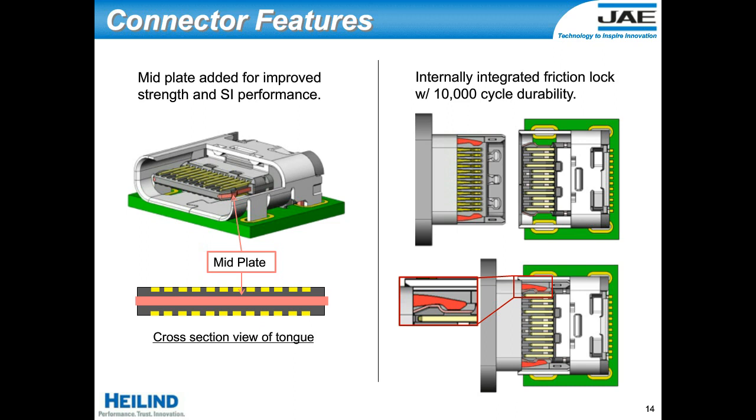Another mechanical feature which is internally integrated in the Type-C connector is the friction latch. The latching feature in all other I/O connectors typically requires holes and springs to be cut out of the plug and receptacle shell.